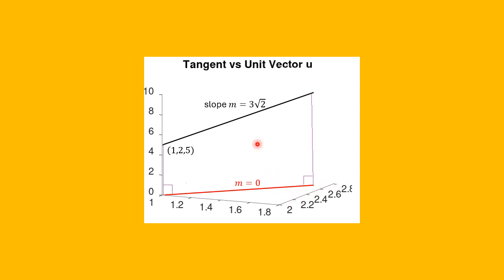So in any case, we can see what that tangent line looks like compared to that unit vector in the xy plane. We don't have the paraboloid shown here, but I think that would probably complicate the picture, so it would be very hard to see what's going on.